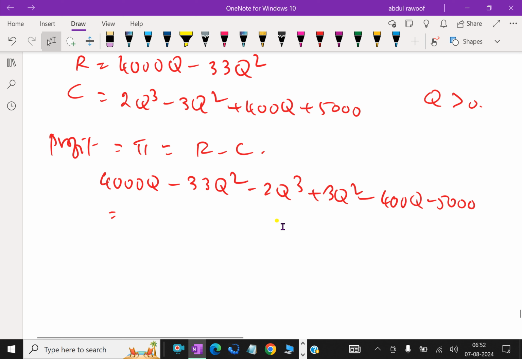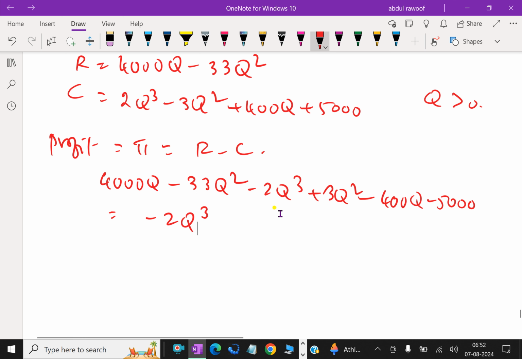Now collecting terms, the highest power is q cube, which is minus 2q cube.